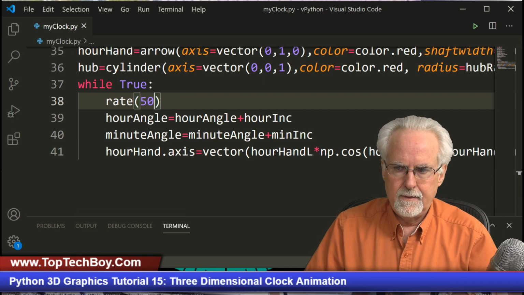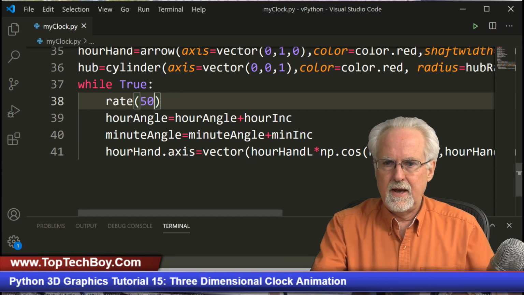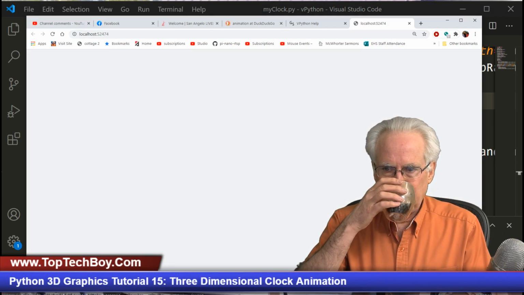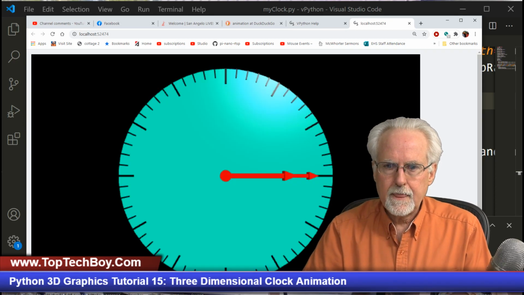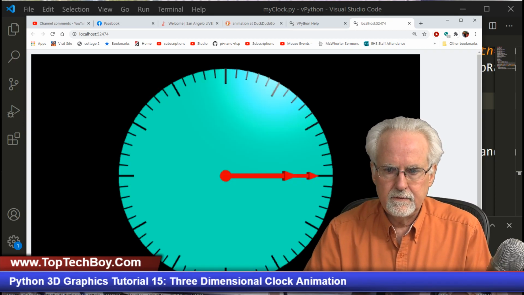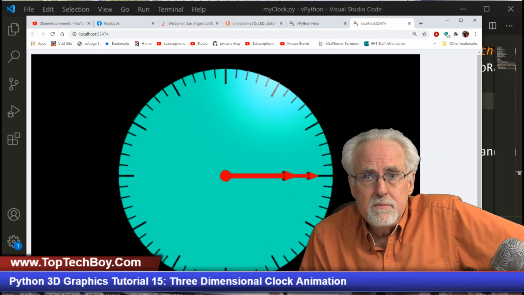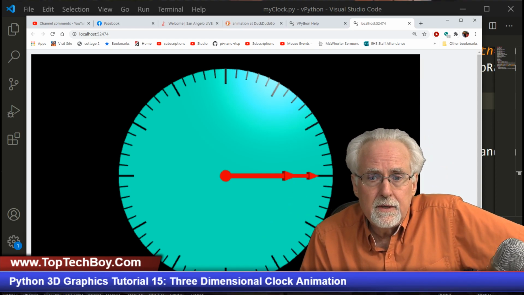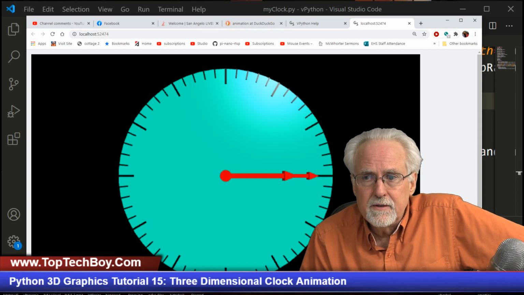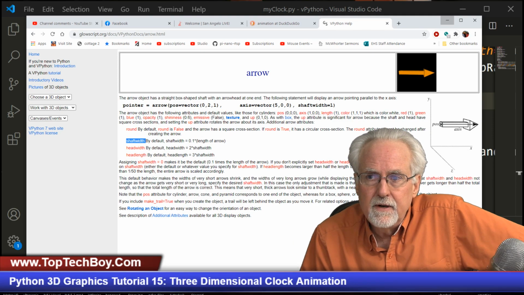Okay, let's kill this, and let's see what happens. And nothing is moving. Okay, so one possibility why it's not moving is I maybe am going too slow, and the other possibility is the program might have died for an error.